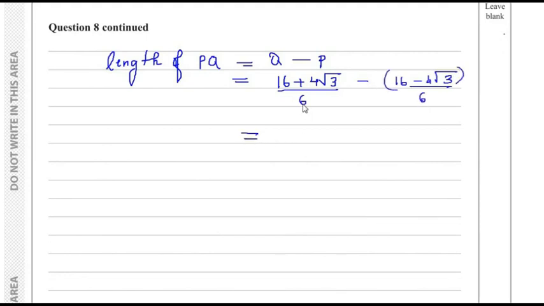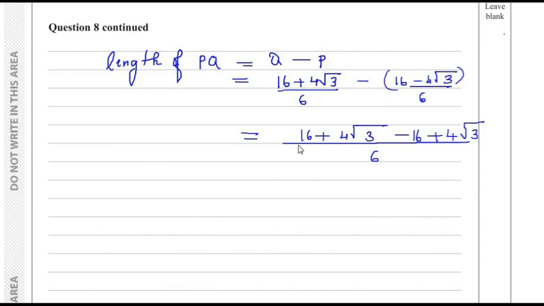Here we can see the denominators are the same, so we will make a common denominator of 6 and write the numerator as 16 plus 4 root 3 and minus 16, and minus of minus is plus 4 root 3.